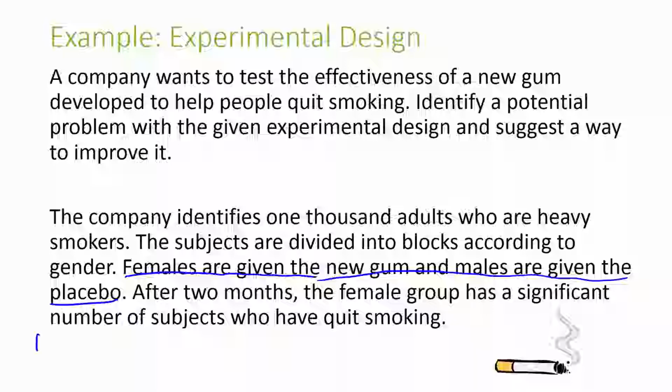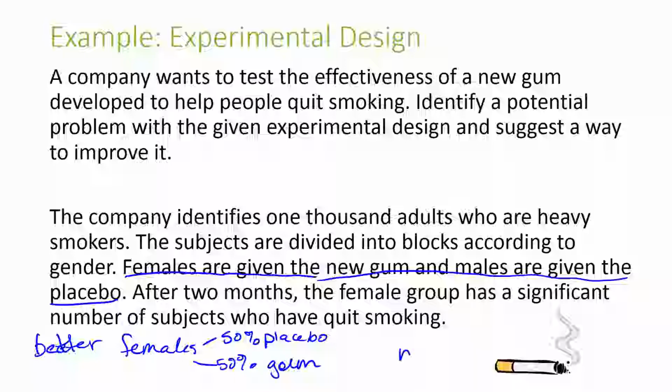So what would be better is to, once you split the males and females, take the females and give 50% the placebo and give 50% the active gum. And then with males, do the same thing.